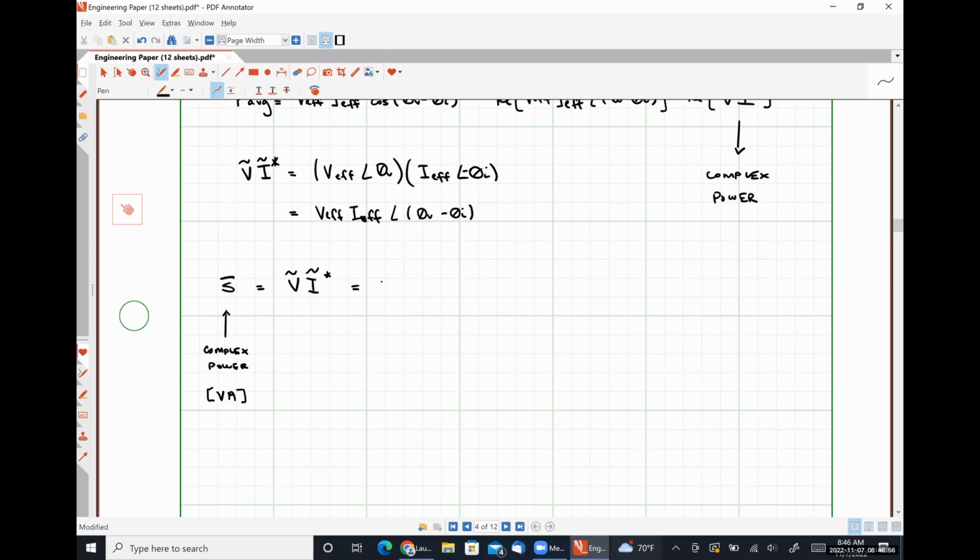This is going to be V effective, I effective, cosine of theta V minus theta I, plus j V effective, I effective, sine of theta V minus theta I.